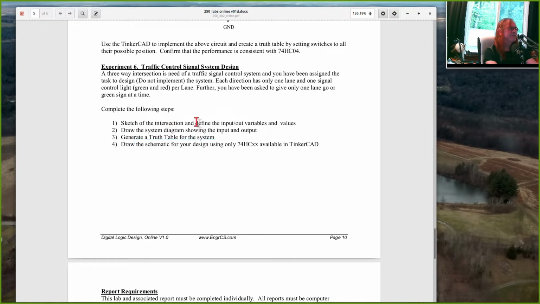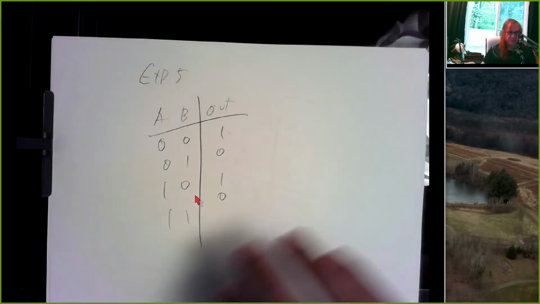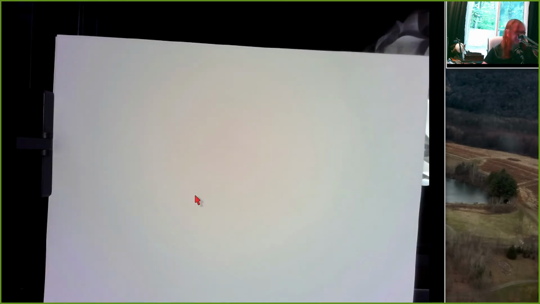Right? So you've already got the intersection, you've already got the system diagram, you did the truth table before, now you're adding a schematic. So this is all about drawing the circuit diagram. And so what are the specific pieces of a schematic that you need to make sure you include here?